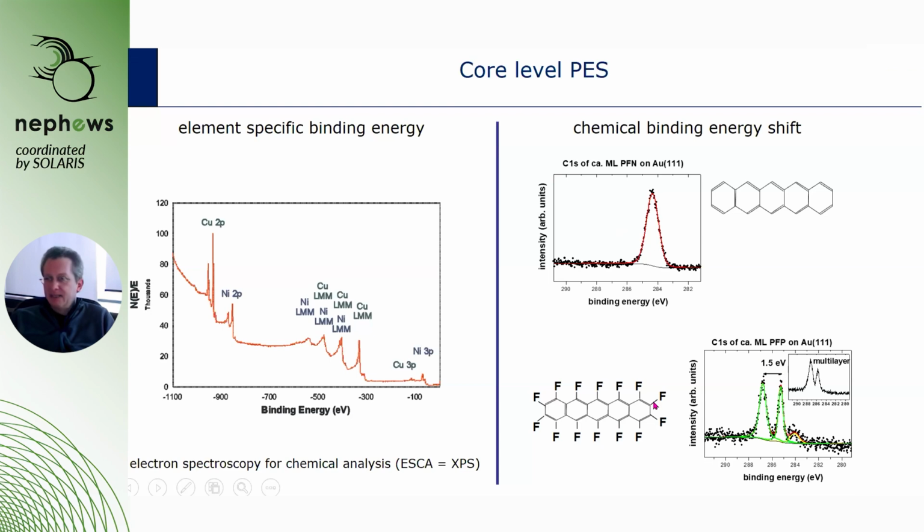That is the binding energy difference between carbons that are bound to a fluorine and carbons that are not bound to a fluorine. Fluorine has a very electron withdrawing character, so the carbons bound to fluorine appear at a higher binding energy. And this can be done for essentially anything that you have in your sample, to look at the stoichiometry and different chemistry of your sample.